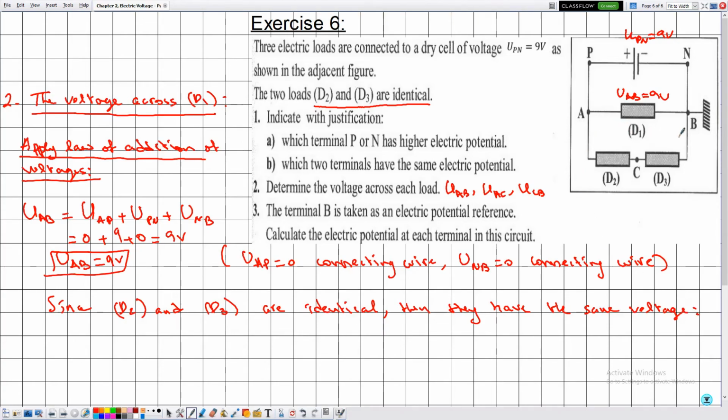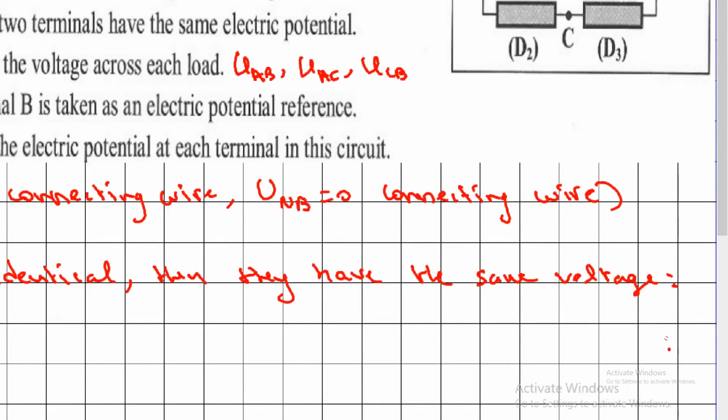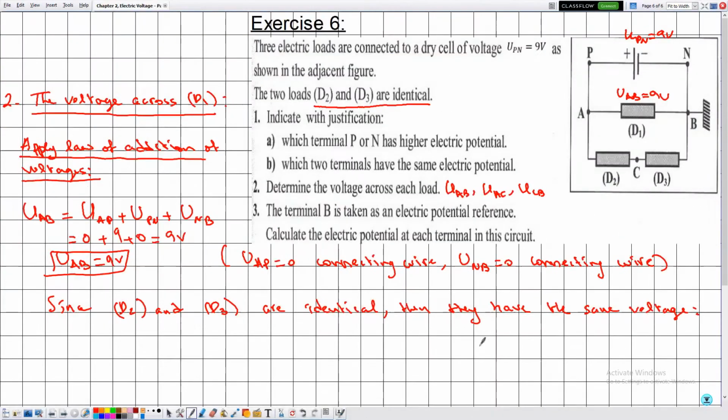Their voltages are given by UAC and UCB. When we say they have the same voltage, this can be formulated by an equal sign. So we have that UAC is equal to UCB.